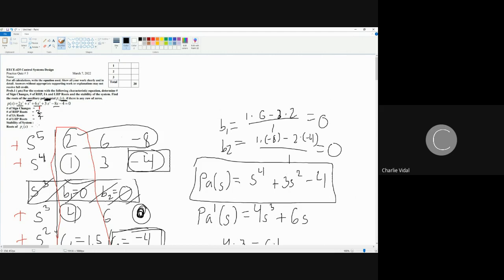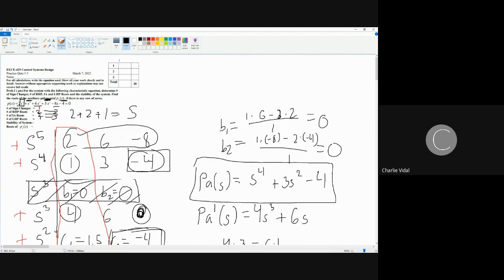Actually, before I get to the stability of the system, you can see right over here that the exponent is 5. And if you take all of these three numbers and add them together, 2 plus 2 plus 1, that is equal to 5. So that tells you the first exponent for the s tells you how many roots there are in total.